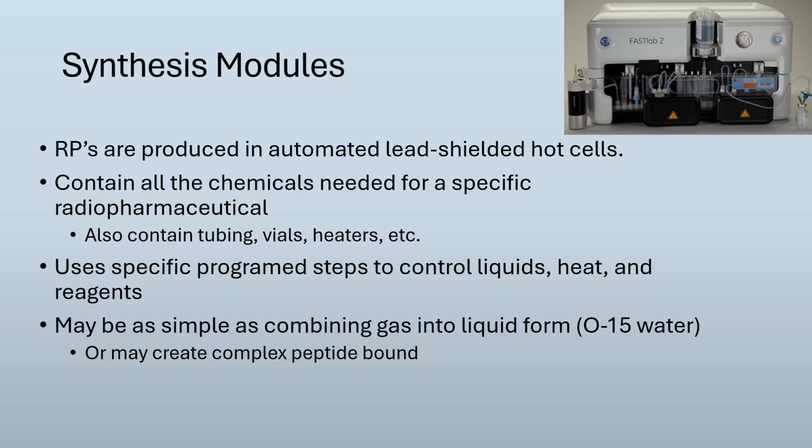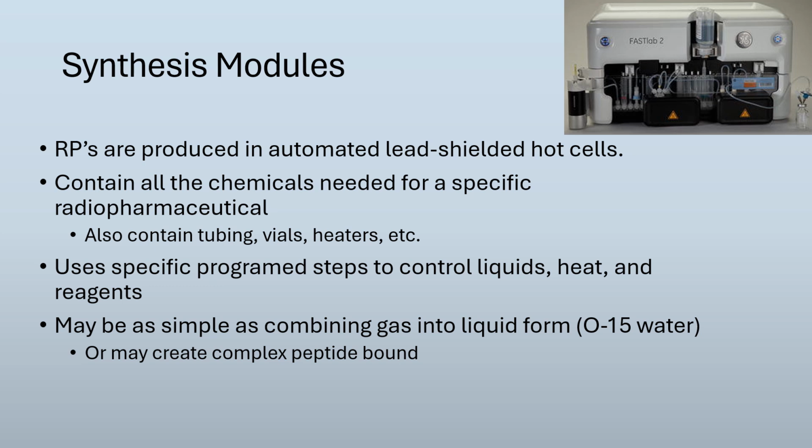When we are creating radiopharmaceuticals with our PET radionuclides, they are produced in synthesis modules and hot cells. The radiopharmaceuticals are produced in these automated lead-shielded hot cells. The image that you see here in the top right corner is a FastLab 2 made by GE, and that's a synthesis module hot cell.